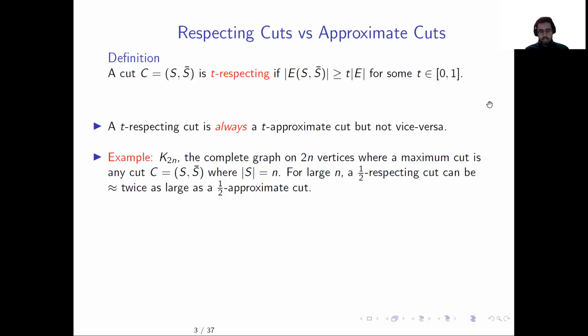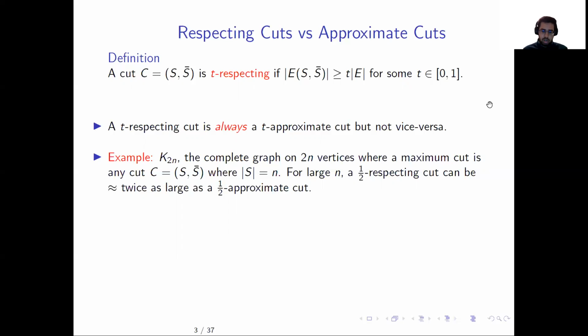The reason for this is that the number of edges E is actually an upper bound on the maximum number of edges contained in any cut. So for the example of K_2n, the complete graph on 2n vertices, it's easy to verify that the maximum cut is any cut which has n vertices on each side.